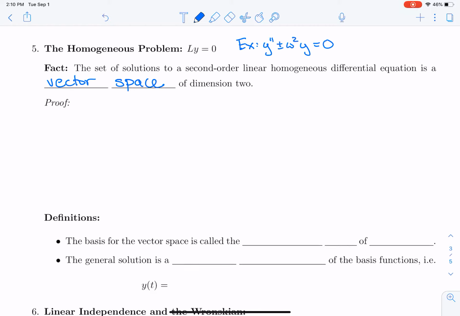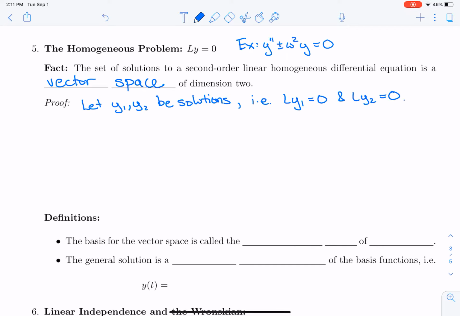So why is it that that is a vector space? Okay, well, we're going to let y1 and y2 be solutions to the linear differential equation. So in other words, we're going to say that L done to y1 is equal to 0 and L done to y2 is equal to 0.